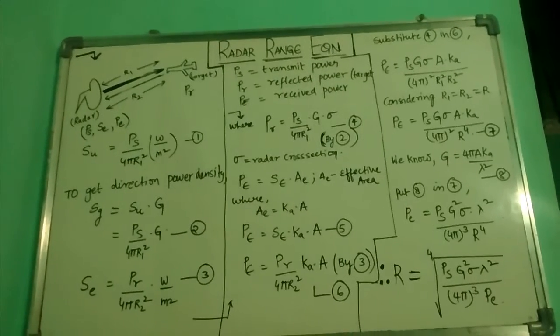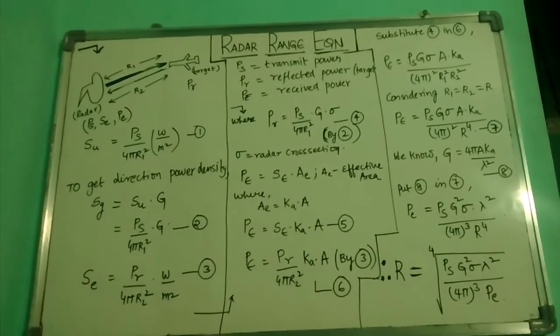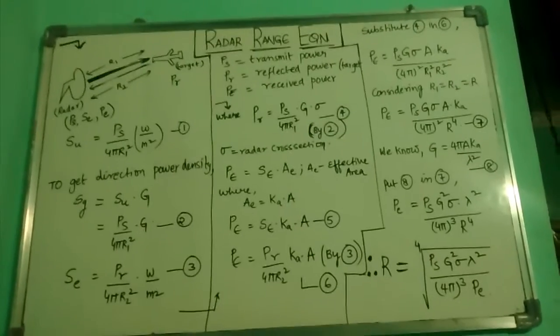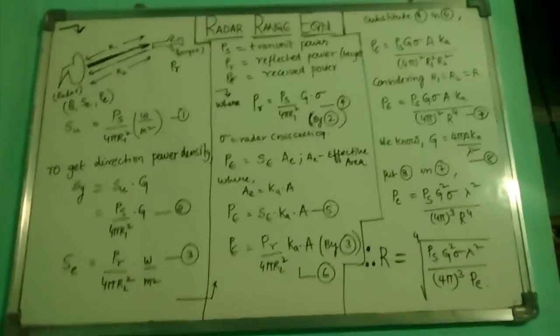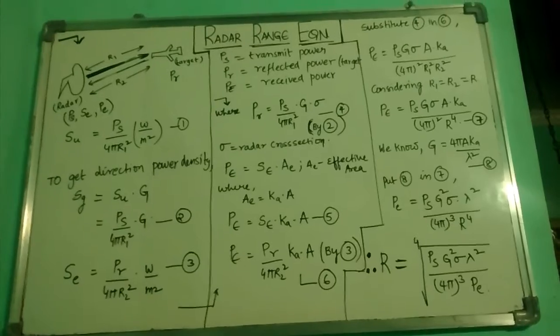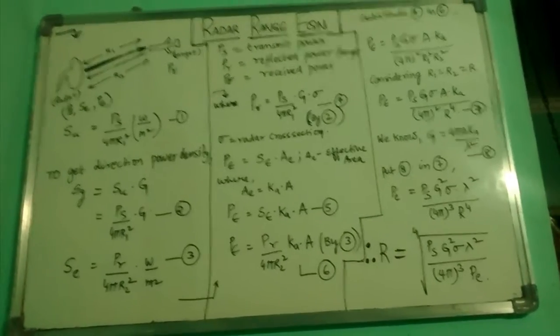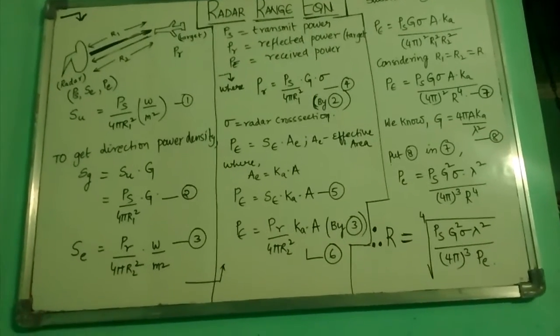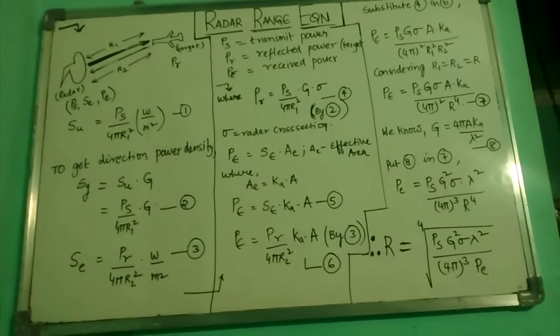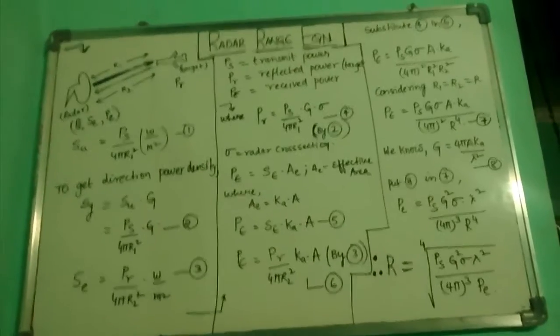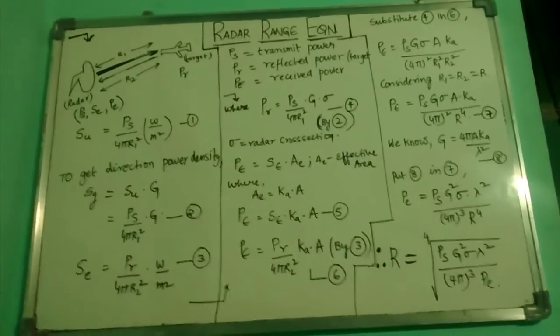Whereas SE is the received power density. You can say reflected power density, because the power reflected by the target is P small r, as I mentioned in the second block. So SE will be the power density by the power PR towards the radar with a distance of R2. It is in the third equation.